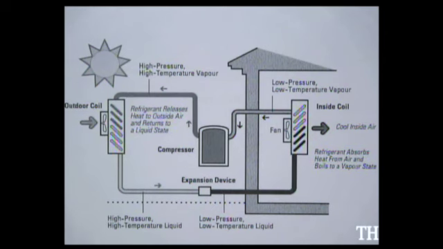That's why if you're outside and you hold your hand above the outdoor fan motor, if the unit is functioning properly, you will feel hot air coming out. That's you taking the unwanted heat from inside the home and releasing it to the outside.